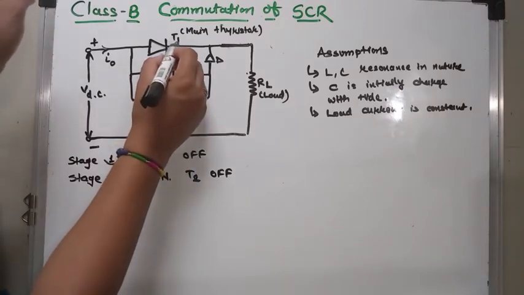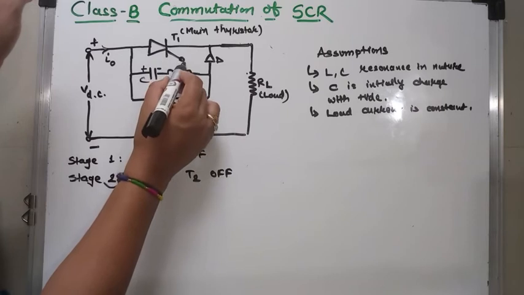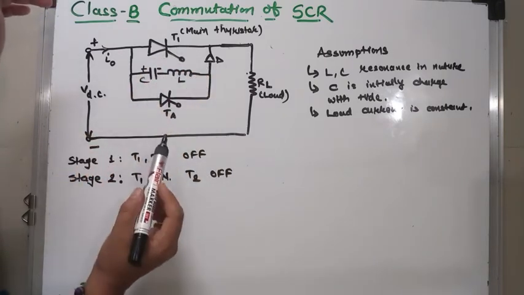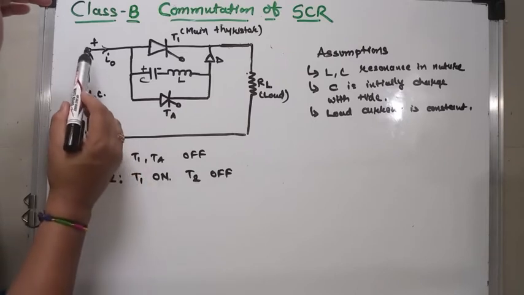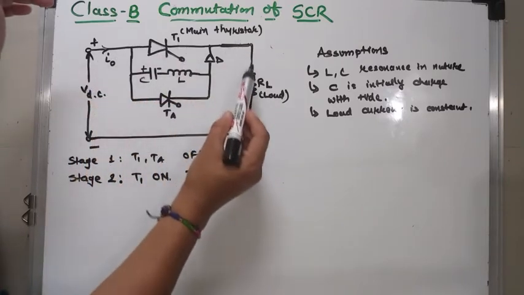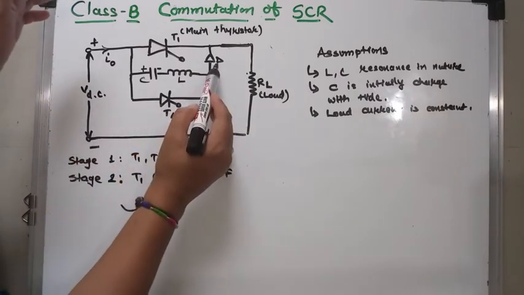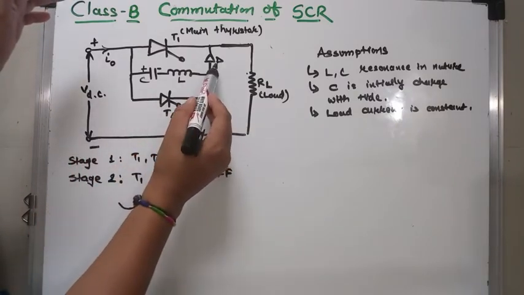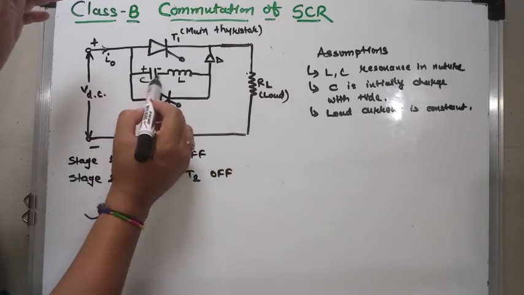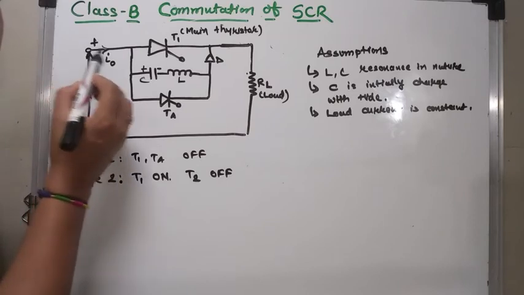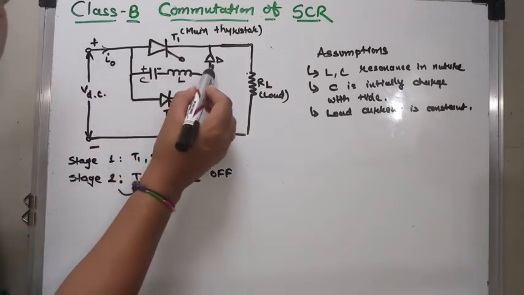T1 is turned on by applying a gate pulse at a firing angle of alpha. Now current flows through T1, through the load, to the negative. The diode is still open circuited, so there is no path for the capacitor to discharge, as the diode anode is getting a negative.